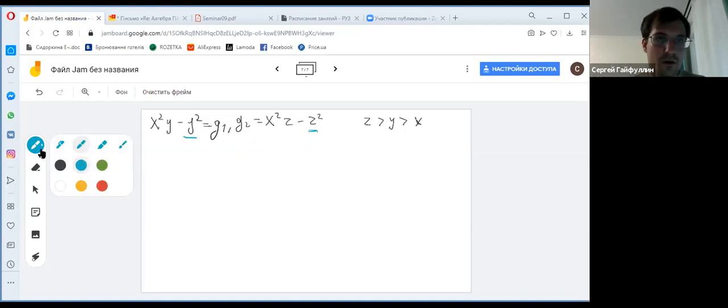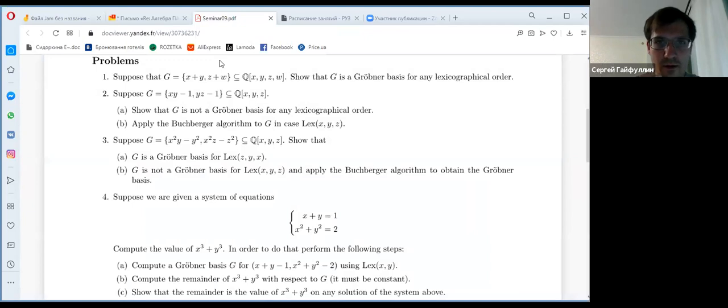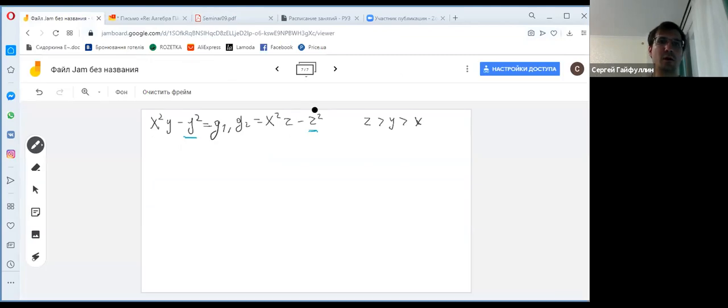Okay, now we have a fact which we can use. I could just do some computations, but there is the following theorem. It's rather useful.